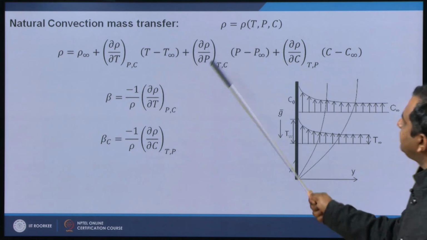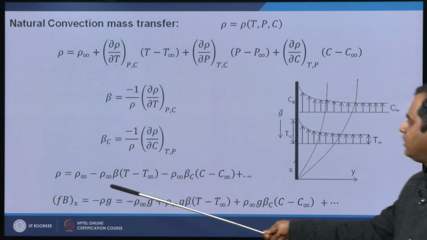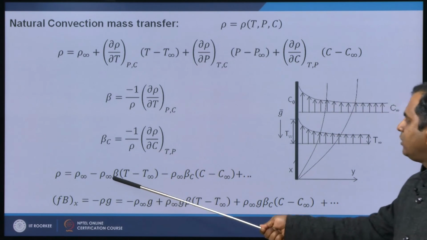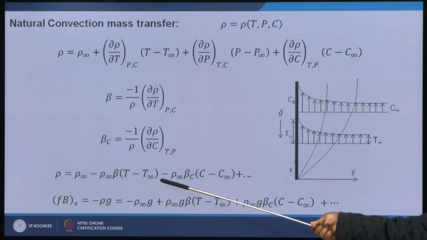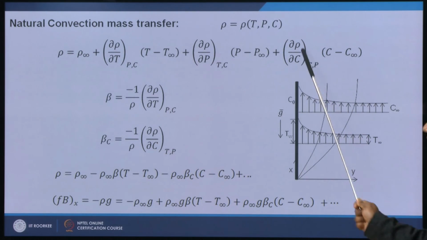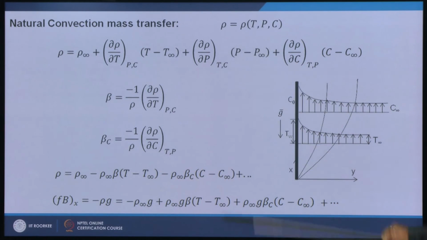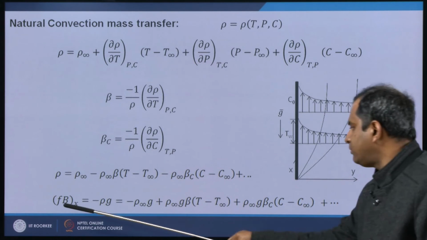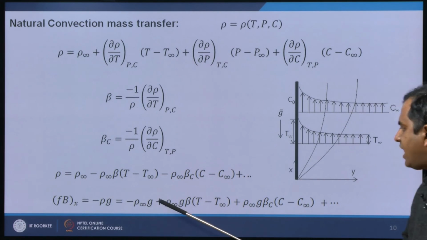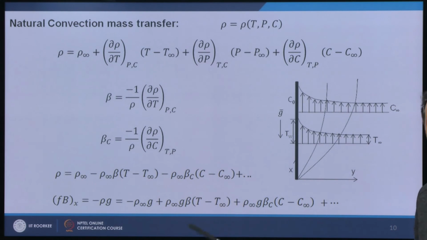If you do so, we can replace these terms by beta T and beta C. So rho equals rho infinity minus rho infinity beta T into T minus T infinity, minus rho infinity beta C into C minus C infinity. The pressure term del rho del P we are neglecting. Your buoyancy term will have one extra term. Earlier we had only rho infinity into g, which gave rise to the Rayleigh number. Now we have another extra term due to the concentration difference C minus C infinity.